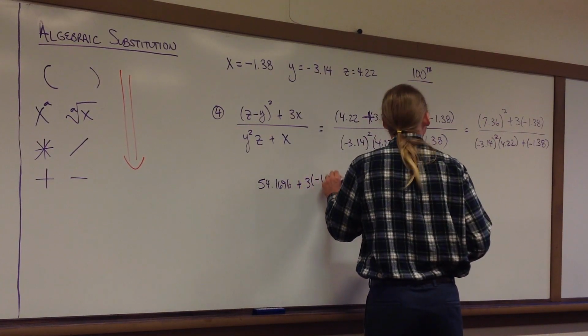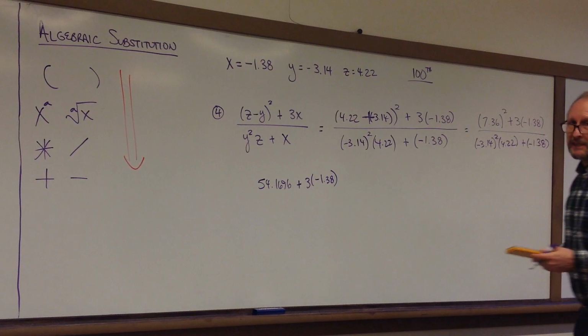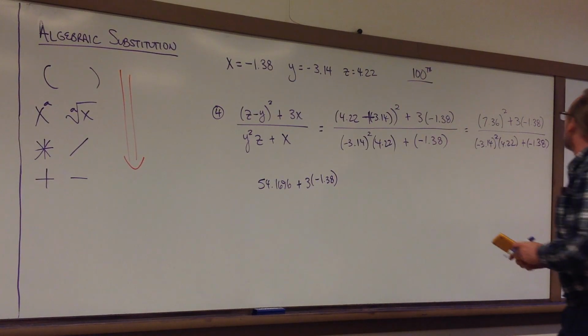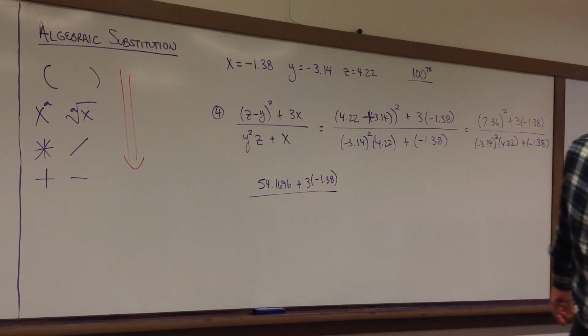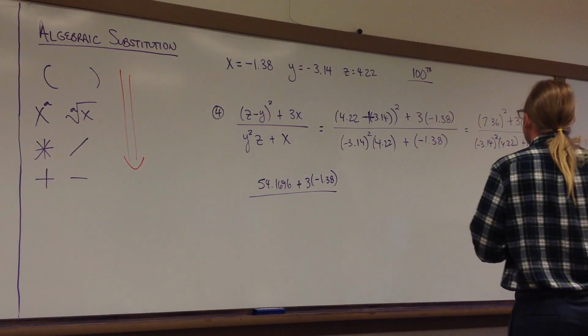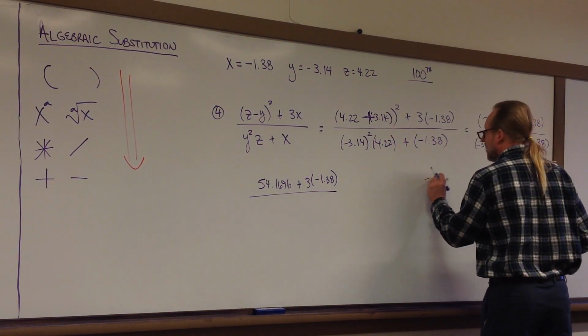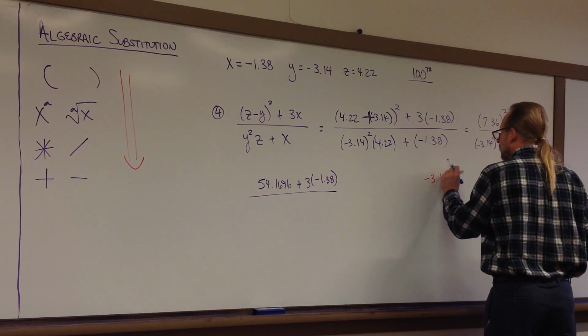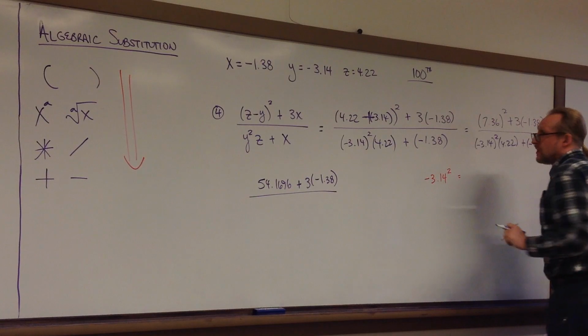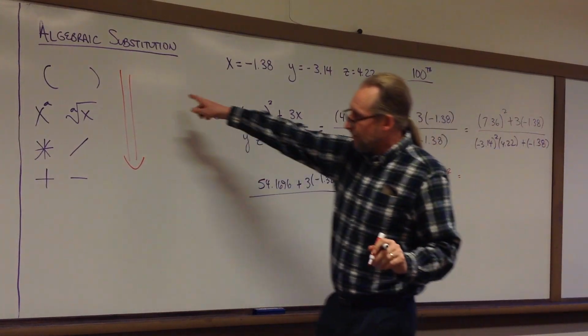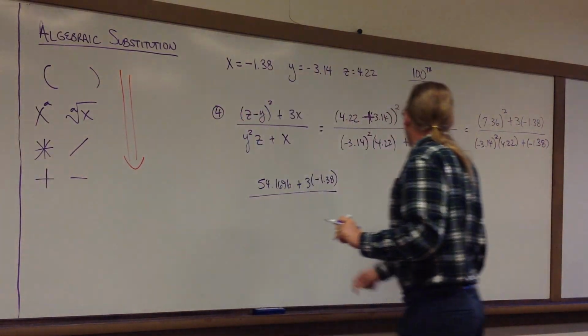Negative 1.38. Now, when we square this negative 3.14, okay, I see people make this mistake frequently. They type into their calculator negative 3.14 squared. So the calculator interprets this using the order of operations, okay?